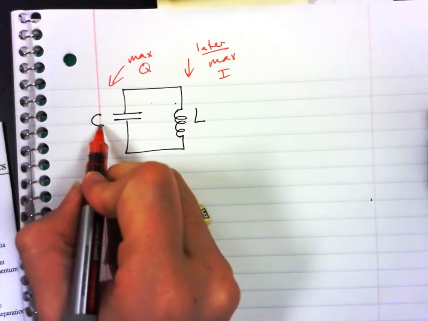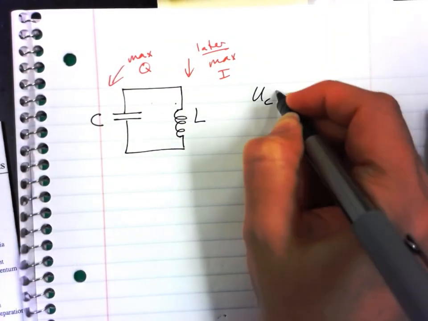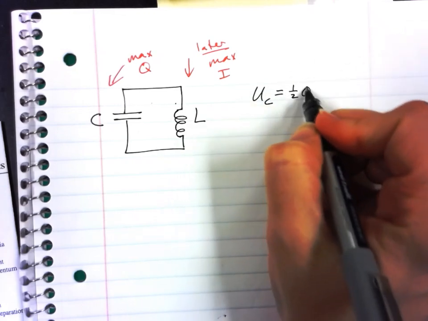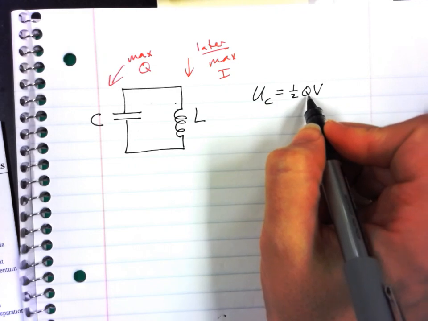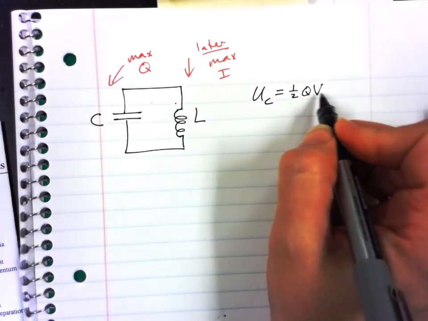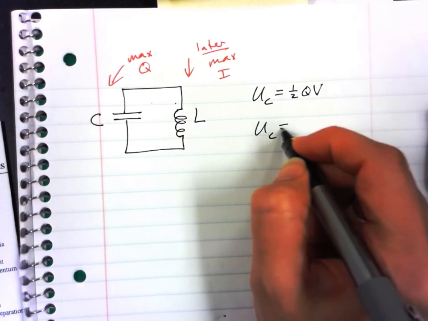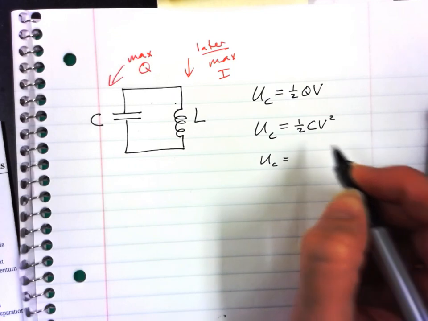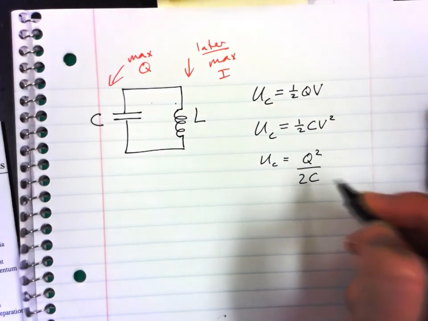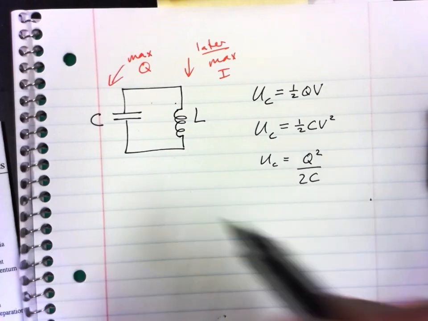Well, we know a capacitor stores energy. The capacitance stores energy 1/2 QV. Often, because we don't want to have two things that are changing, and we don't have any voltage in this problem, we could also use 1/2 CV squared or Q squared over 2C. They all have their uses, but this is the energy stored in the capacitor.